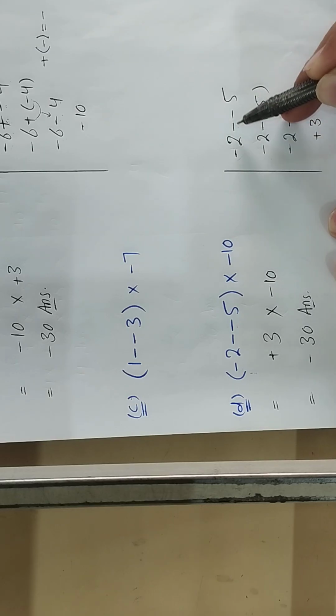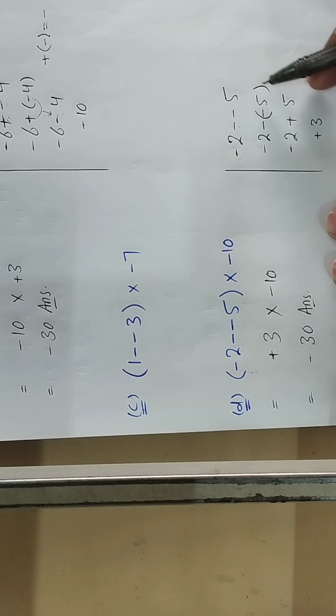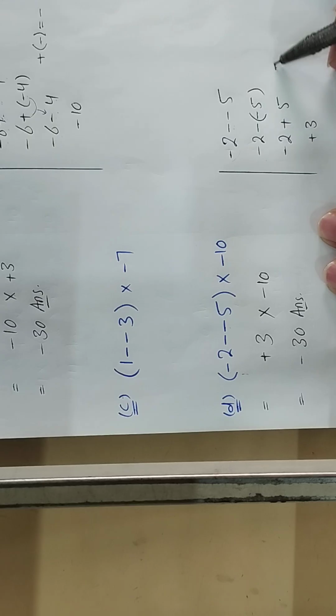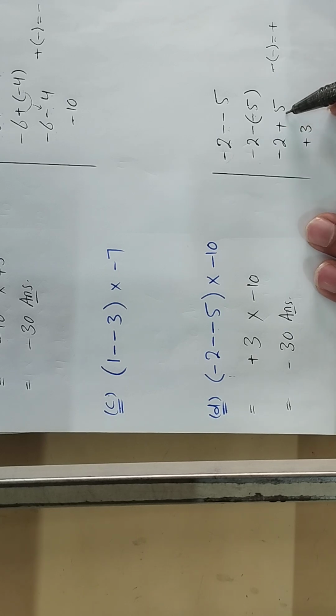Whenever two signs appear together, an integer and an operator, put a bracket on the integer to make it separate. Now in the second step, we can change this minus into minus to plus. Minus into minus is equal to plus. Minus 2 plus 5.